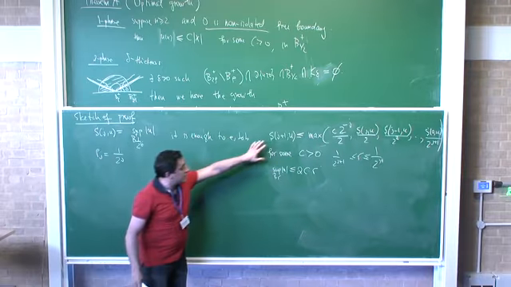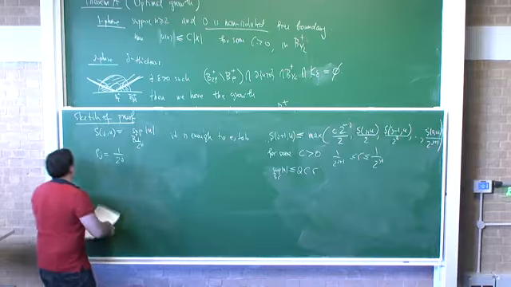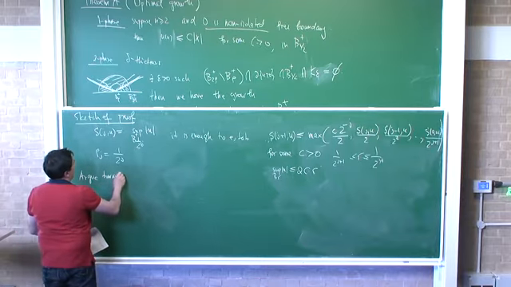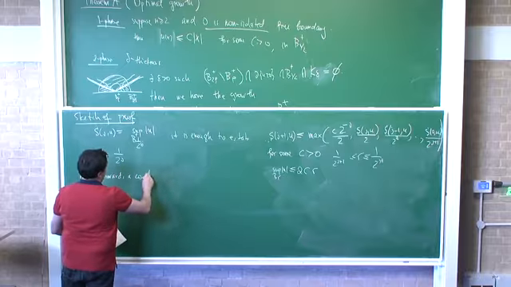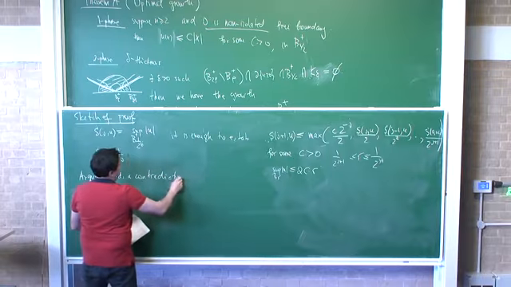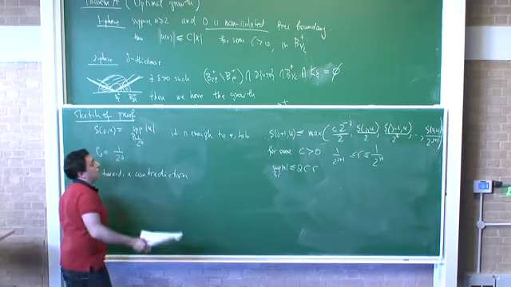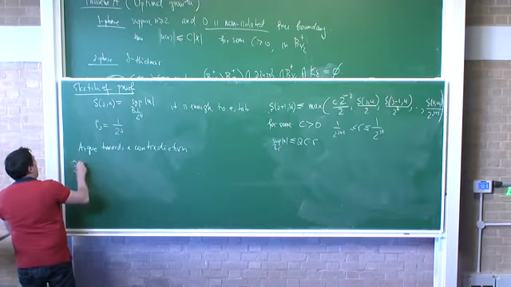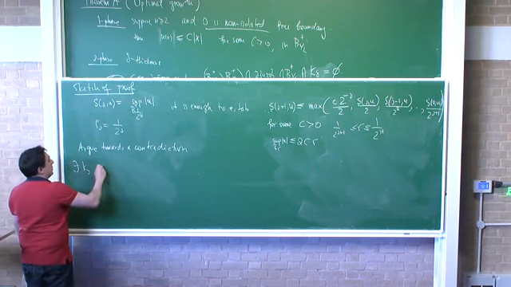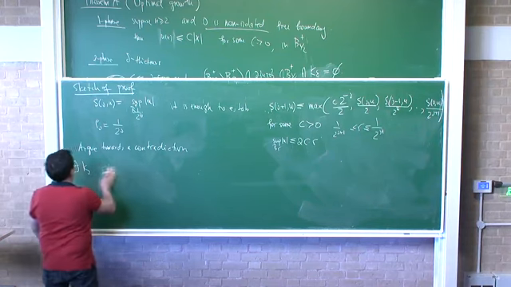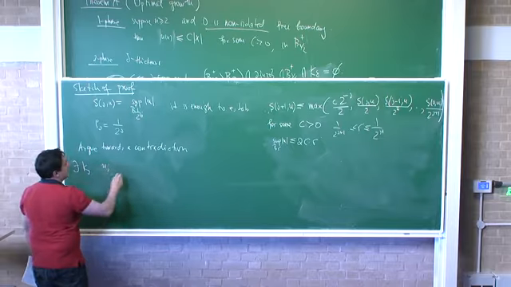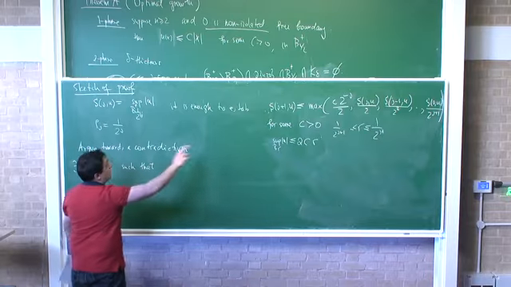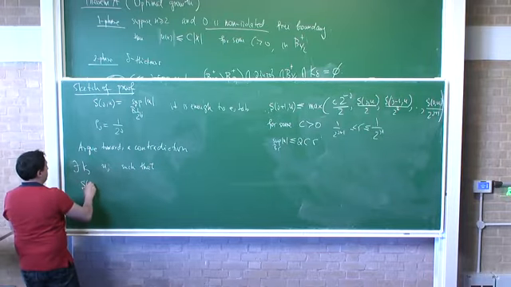And in order to prove this, we argue by contradiction. If you negate this statement, you get that there exists a sequence of k_j's, and also a sequence of local minimizers of our problem, such that you have the following inequality.